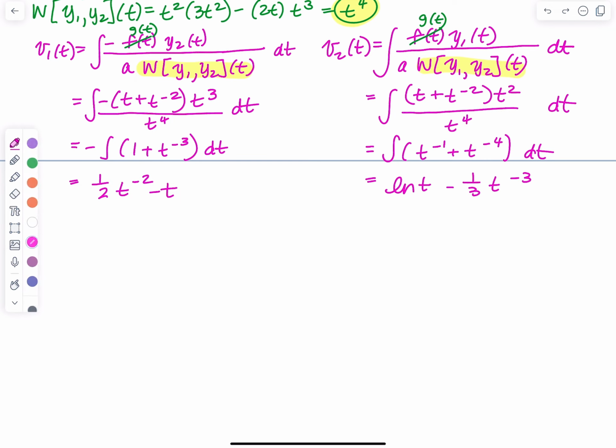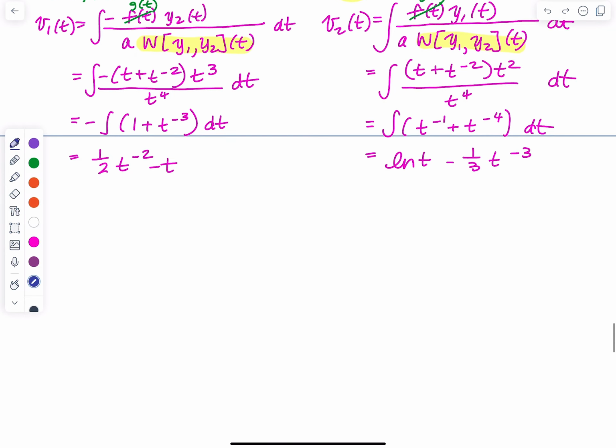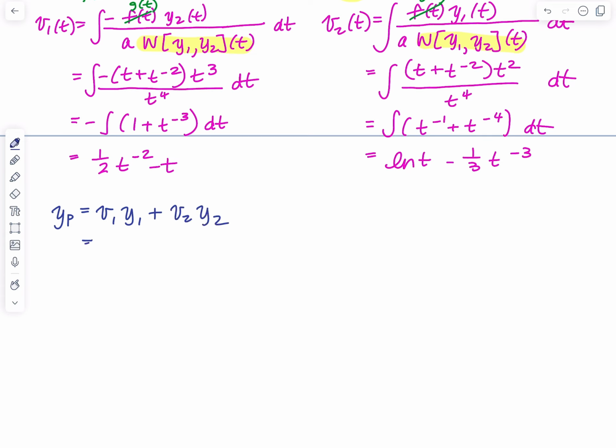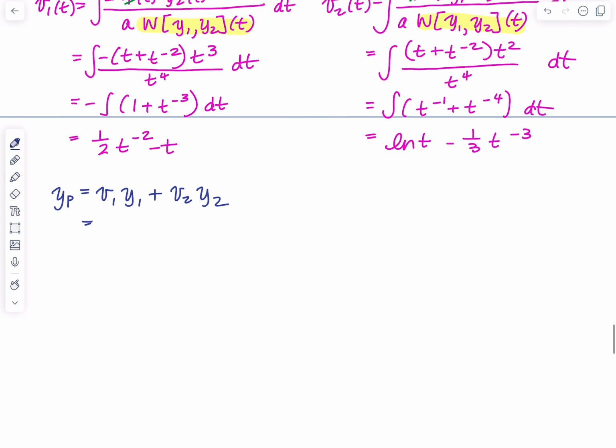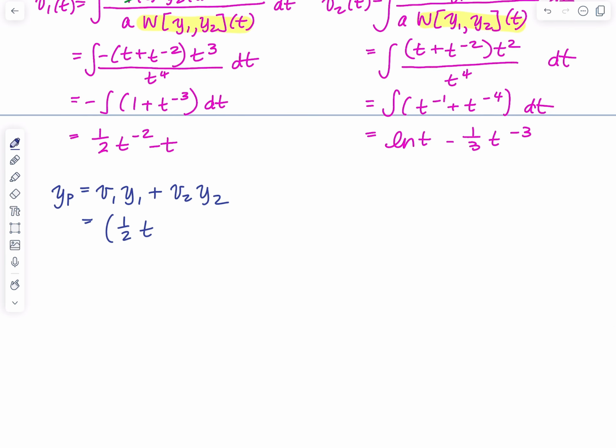Okay, so what have we come up with now? With these v1 and v2, we can go straight to our particular solution. And remember, that's v1 y1 plus v2 y2. Now that we have v1 and v2, we have 1/2 t to the negative 2 minus t, and then of course we have to multiply by y1, which is t squared, plus the natural log of t minus 1/3 t to the negative third multiplied by t cubed.